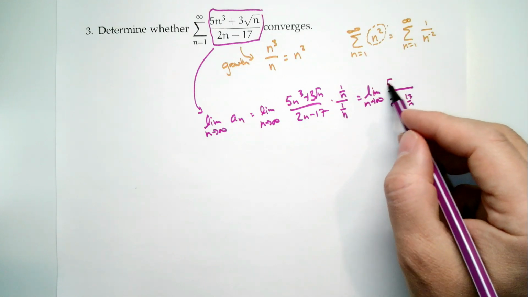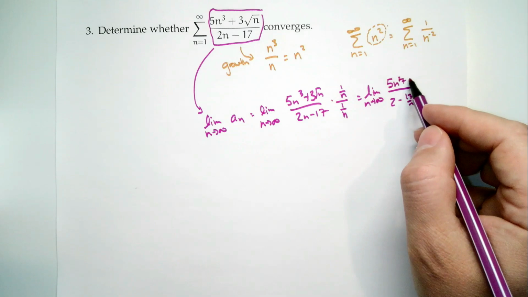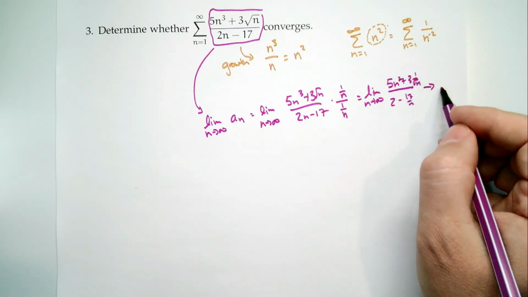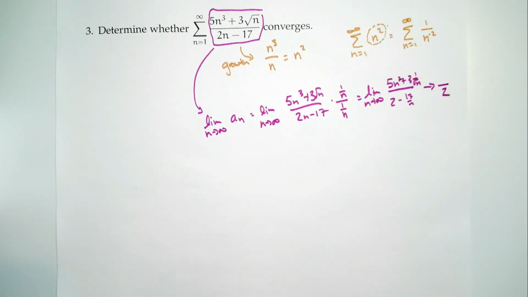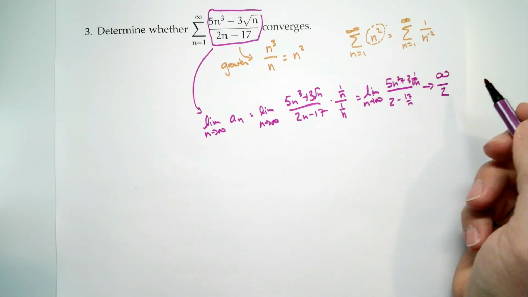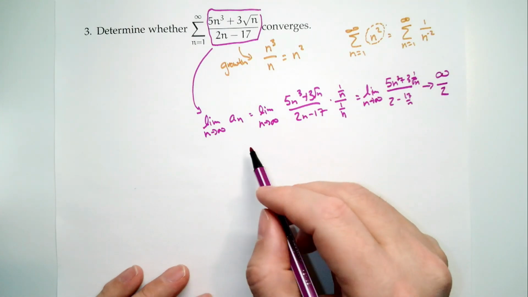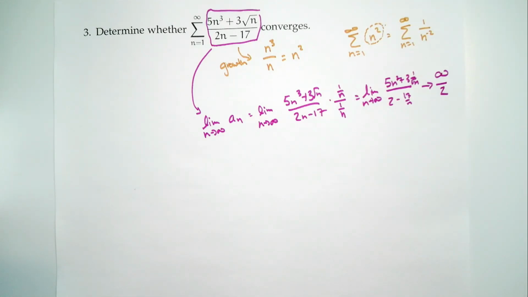And upstairs we get 5n squared plus 3 times 1 over root n. And what happens? Downstairs you get a 2. And that's the nice thing: when you divide out by growth, you get something finite to play with. And upstairs it's getting huge, so it's going to get arbitrarily big. What this says is that the terms in the sequence get arbitrarily large.